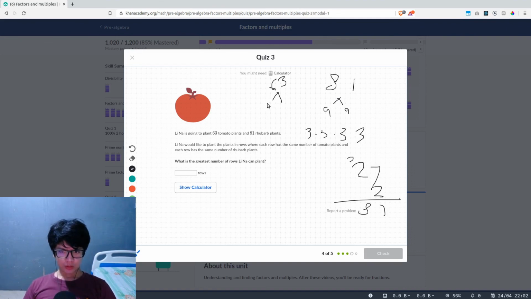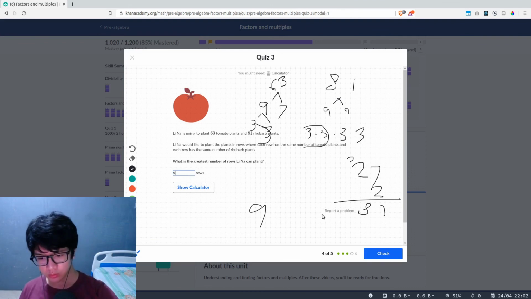Sixty-three is 9 times 7, and that's going to be 3 times 3. So we have 3, 3, 7, so we have 2 of them. Get 9 rows. Get 9 rows.